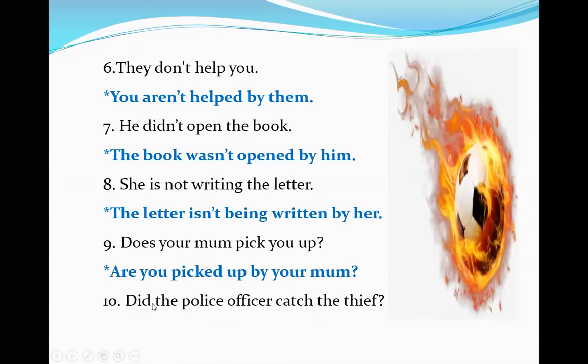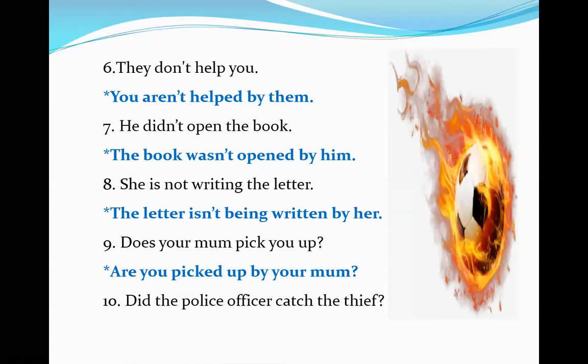Okay, I can hear that someone didn't understand the question. In the question, you omit did and put instead of it a suitable verb to be, suitable to the new sentence. Did the police officer catch the thief? Here we are talking in the past, so we will get the verb to be was or were.